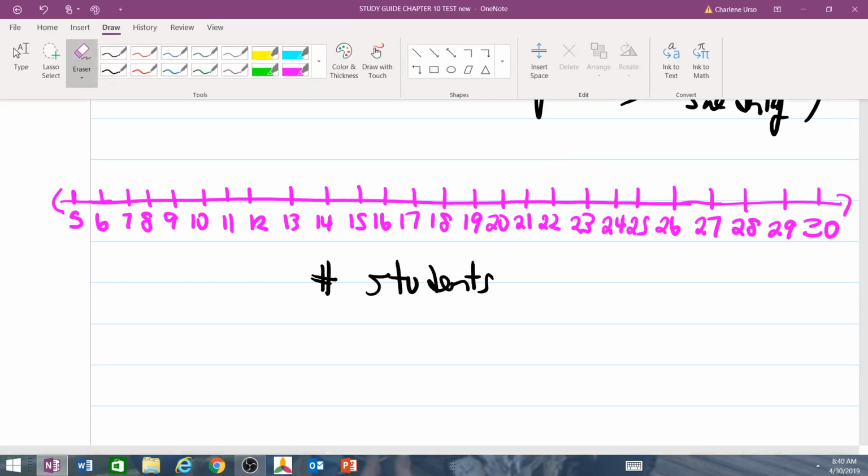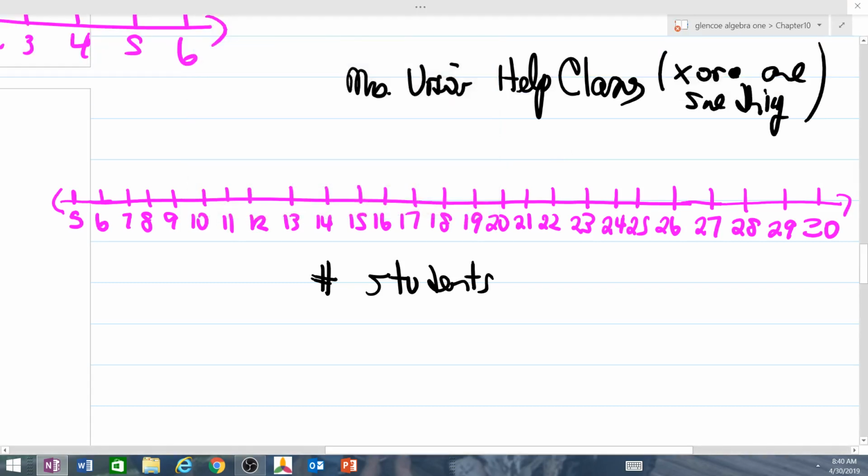The dot or the X represents the frequency. Does anybody have a question?